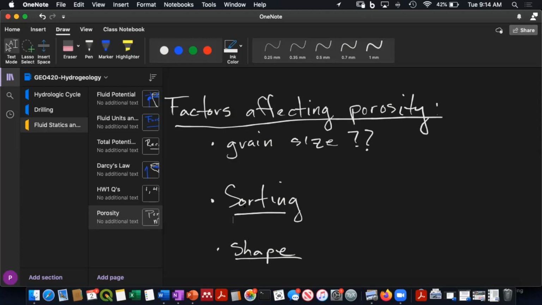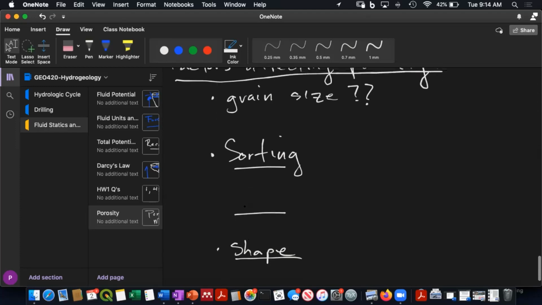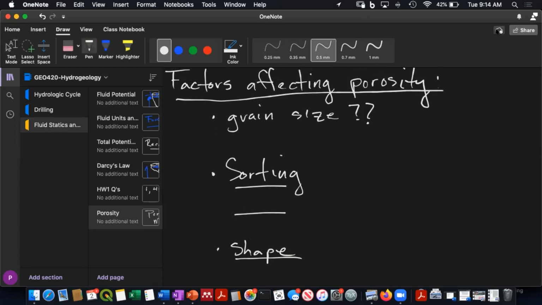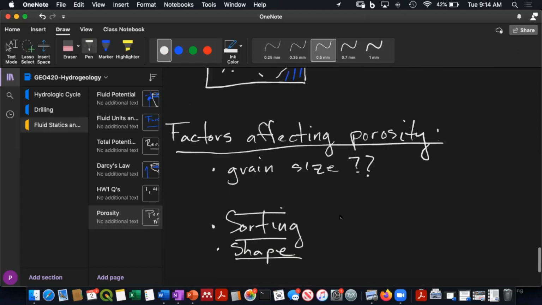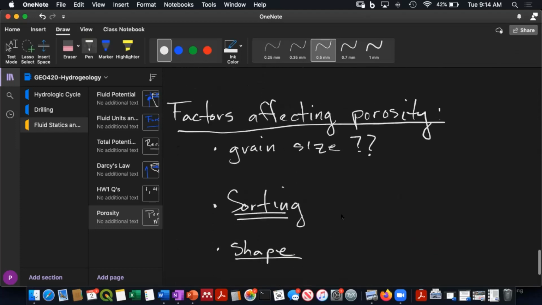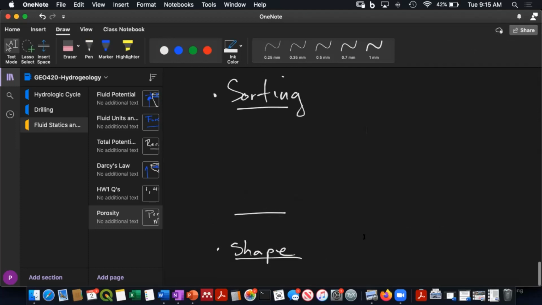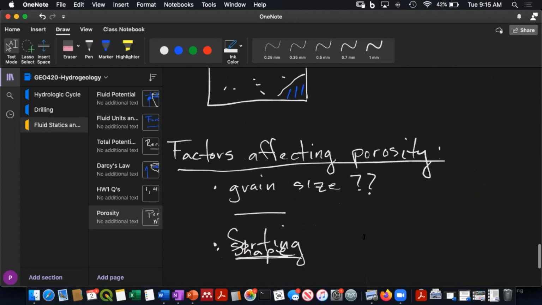What else do you think might control the amount of porosity we have? Yeah. So, oh man, this is bad news. When this happens, usually it's really bad.